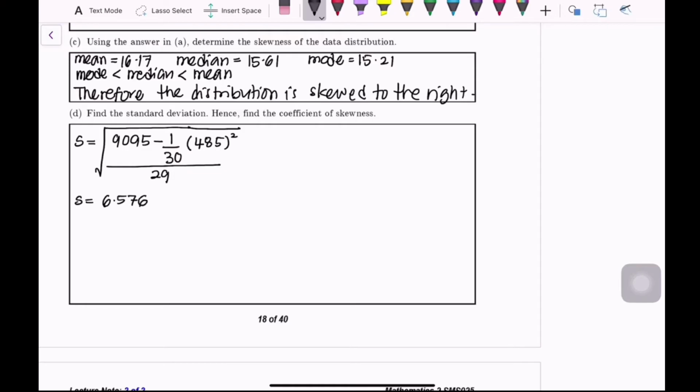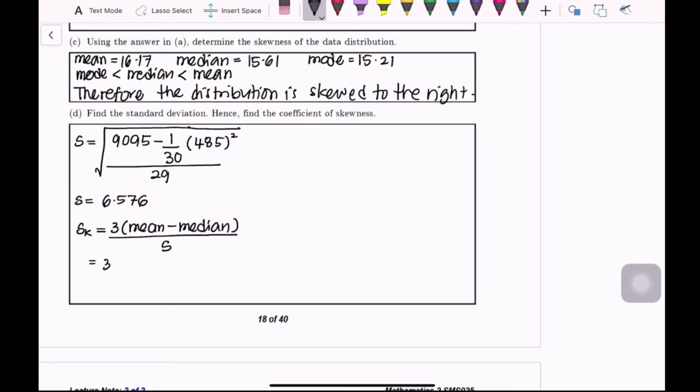So the standard deviation is 6.576. To find the coefficient of skewness, or SK, we use the formula 3 times (mean minus median) over the standard deviation.